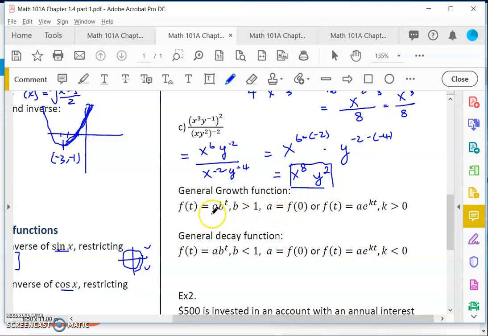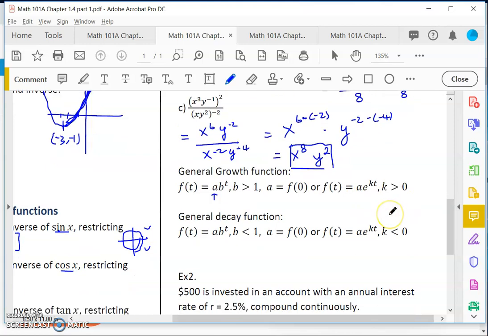A is the initial value; when time is 0, you would have A. So this is one form of the growth function. The other form is using the base e.